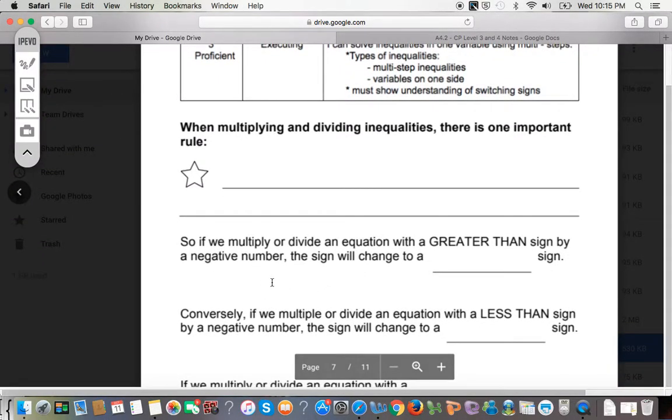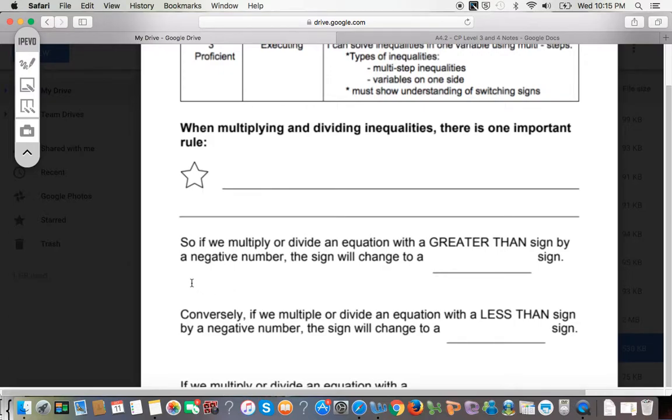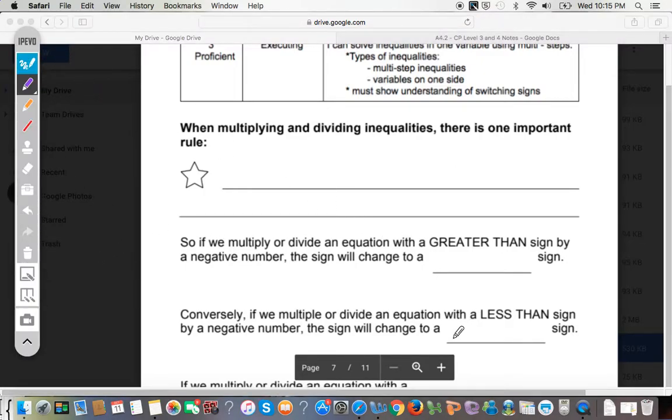So, conversely, if we multiply or divide an equation with a less than sign by a negative number, the sign will change to a greater than sign.